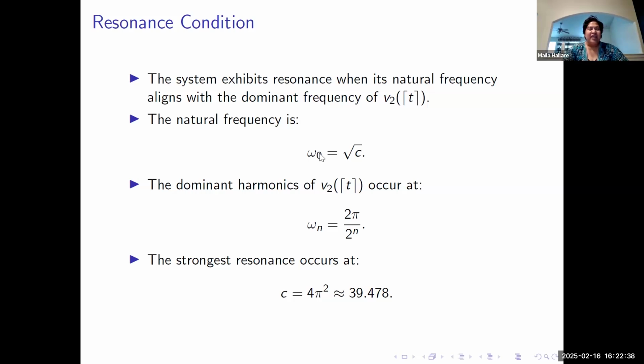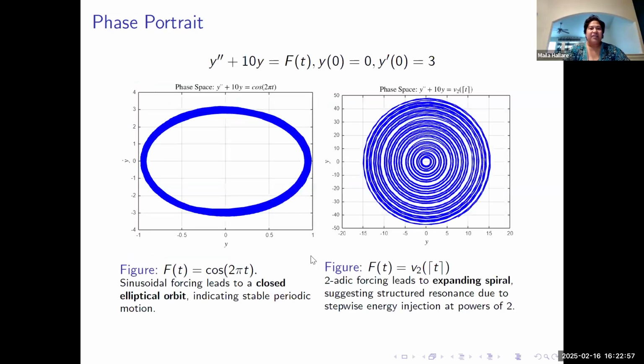So in here, one has to apply a little bit of Fourier analysis. And in my initial computations, there are so-called dominant harmonics and then the supporting harmonics. But what I have shown you is the strongest resonance, and it occurs when C is 4 pi squared.